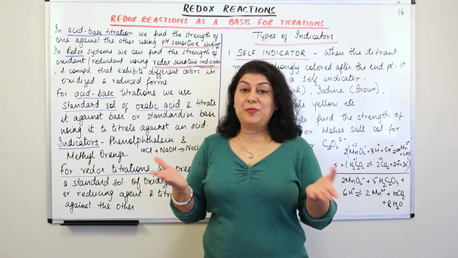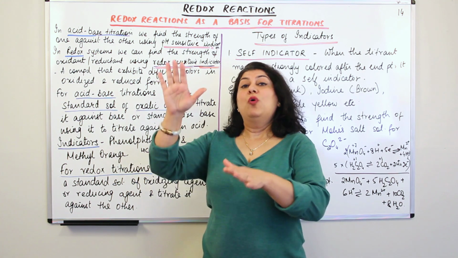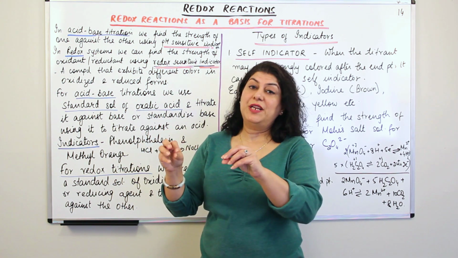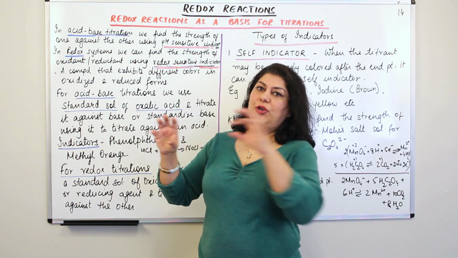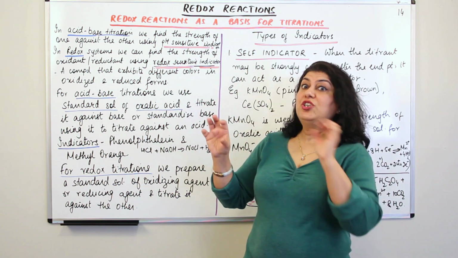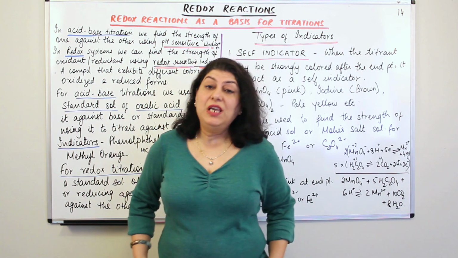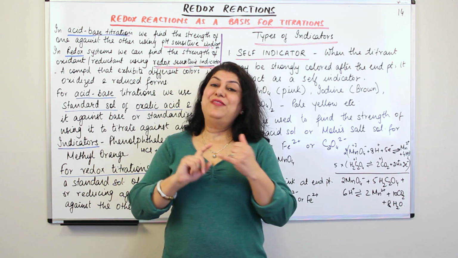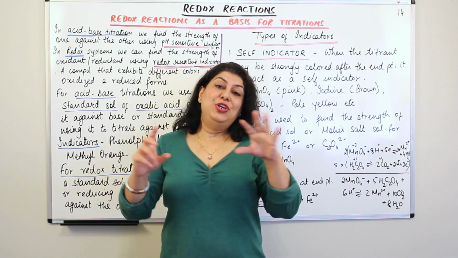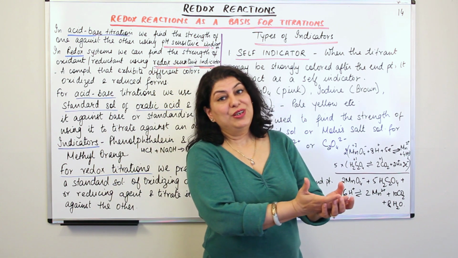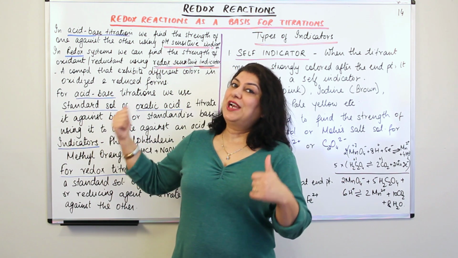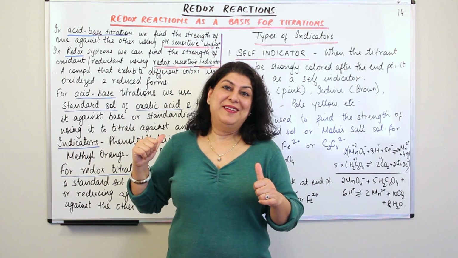When a redox reaction takes place, one of the components will be undergoing reduction, the other will be undergoing oxidation, and there would be a proper stoichiometry or ratio in which they would take place according to the equation. And if we know the strength of the oxidizing agent, you can calculate the strength of the reducing agent, which is unknown to you, by the same titrimetric method, right?